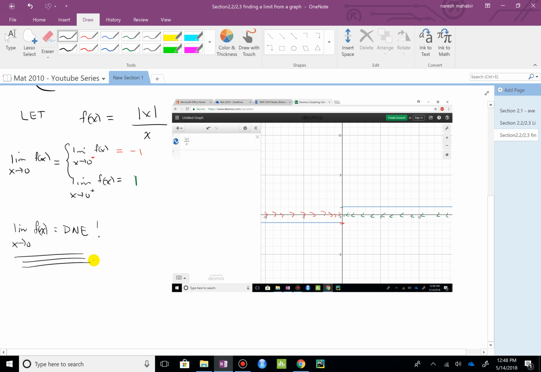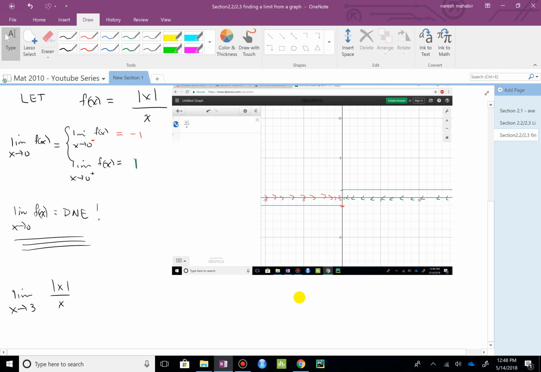Okay, very, very simple. Now, we always want to see what's happening at these points. That's why we look at these breaks or discontinuous points, and that's really what we want to take our limits for. Like, you could do this limit, the limit as x approaches 3 of this, right? But check this out. Let me get rid of my entire writing on my graph. We're now talking about at 3. We're no longer approaching 0.